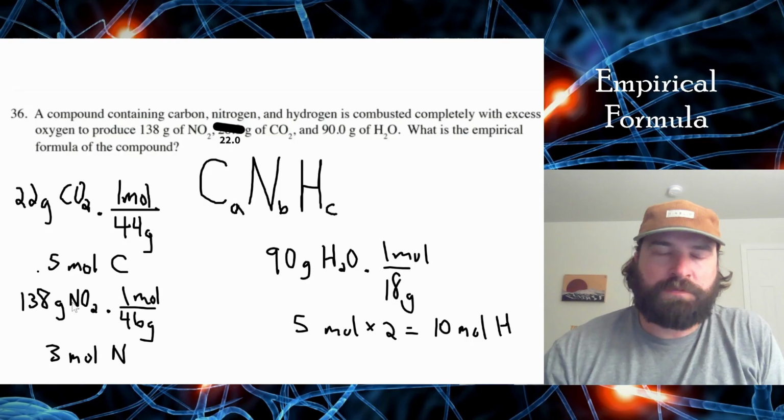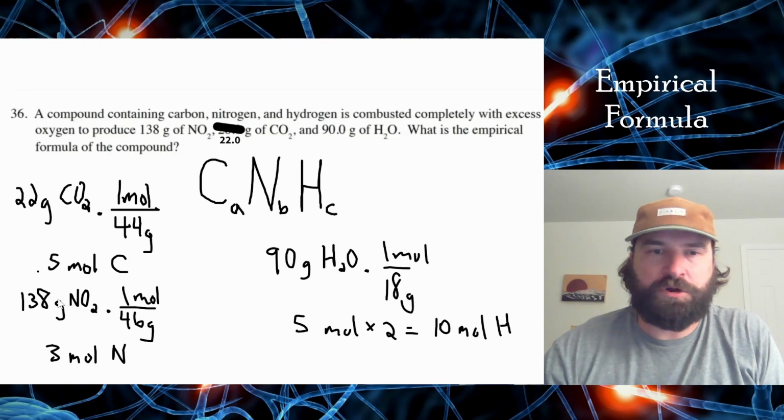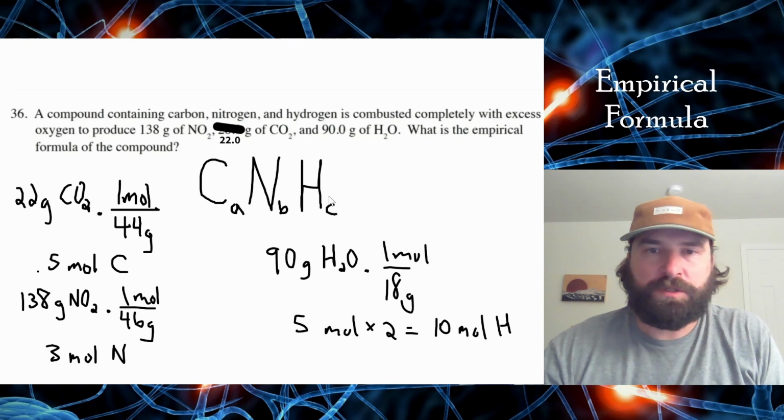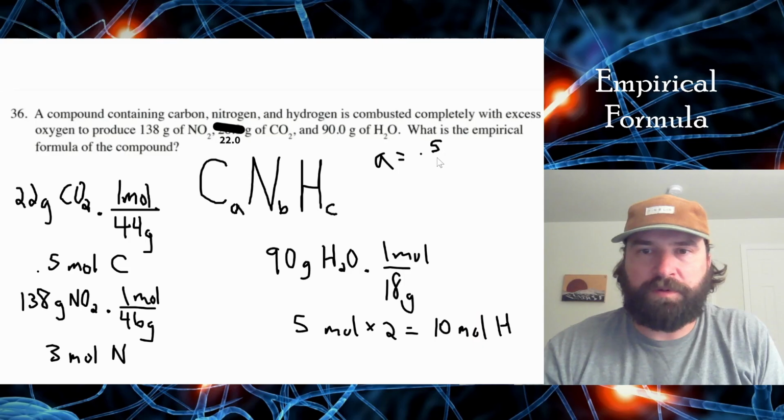And then finally, to figure out the ratios between all these numbers, we typically divide by the smallest number to get the simplest ratio of all of these different values. We'd rather not have a decimal, and this is a decimal. So A is going to be 0.5 divided by 0.5, which is 1.